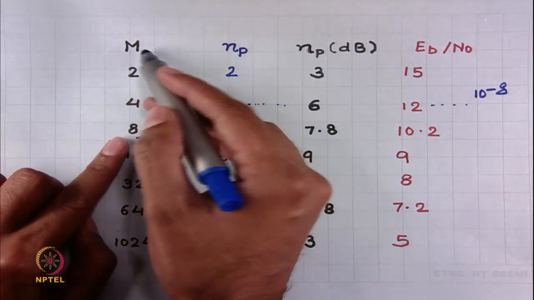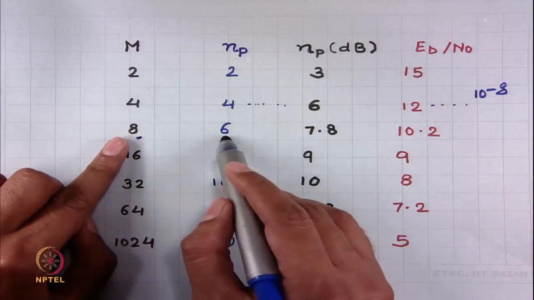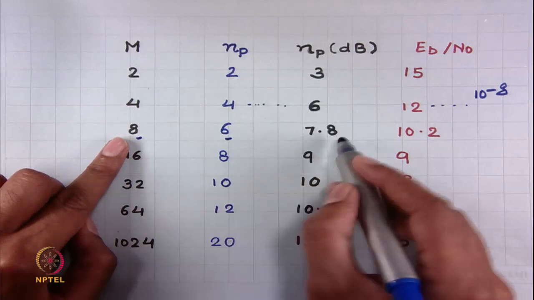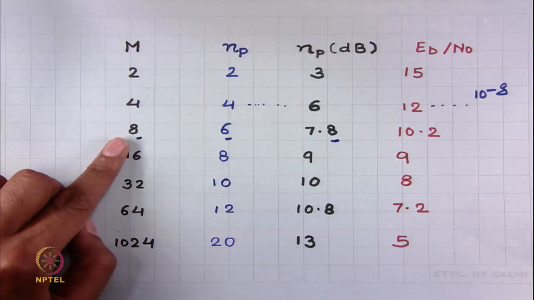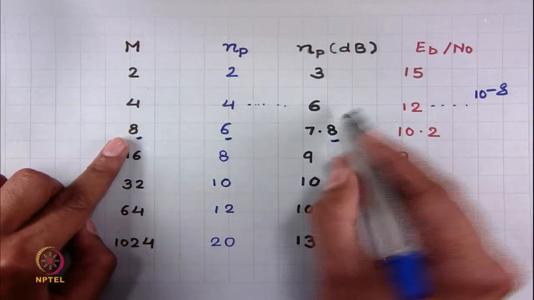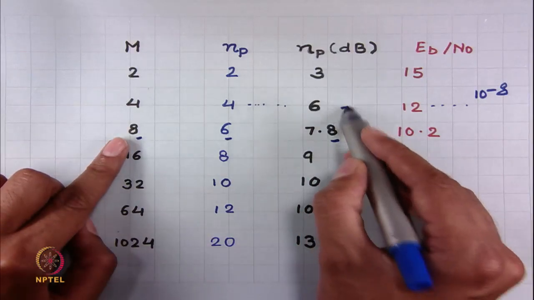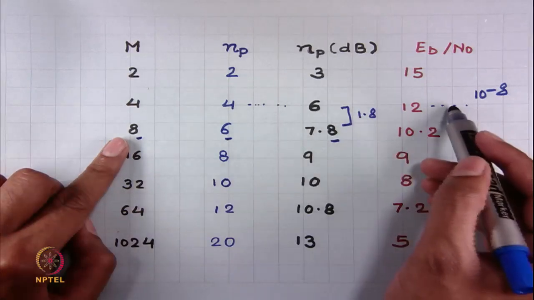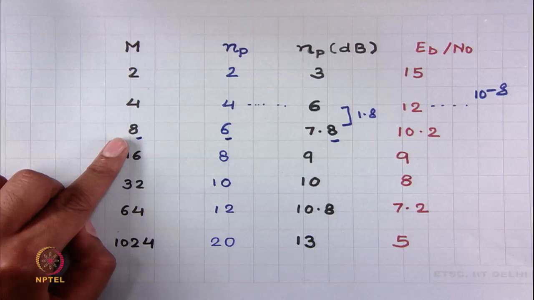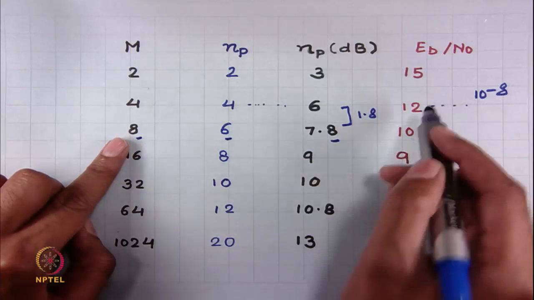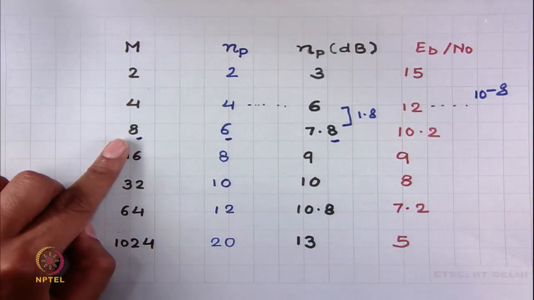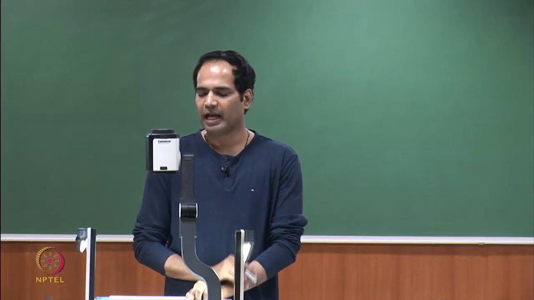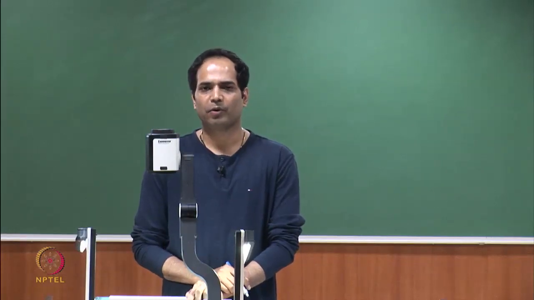If I am using M as 8, my power efficiency is 6, in dB it is 7.8. Thus, the Eb/N0 requirement will decrease by 1.8 dB. So, it will go from 12 to 10.2. Of course, this is not very precise, but these numbers will help you arrive at quick estimates of Eb/N0 requirements.